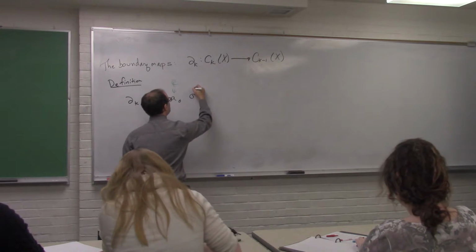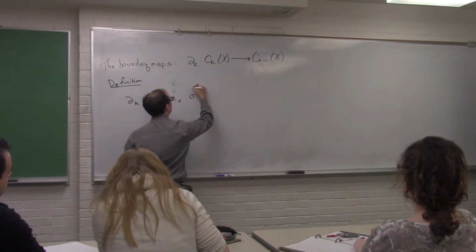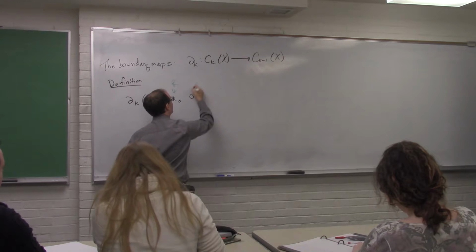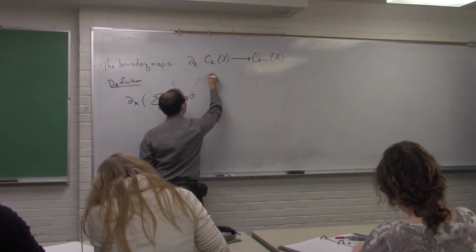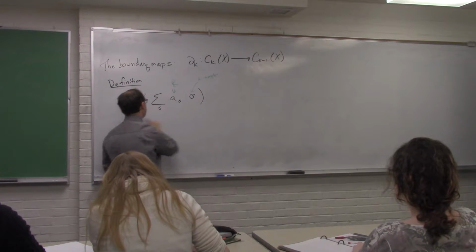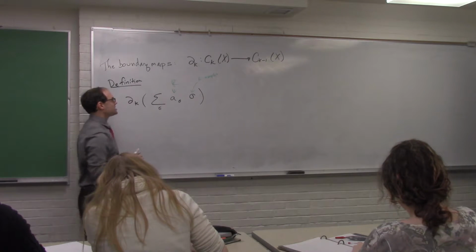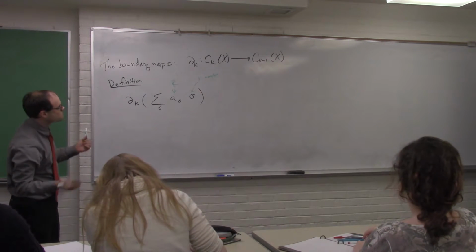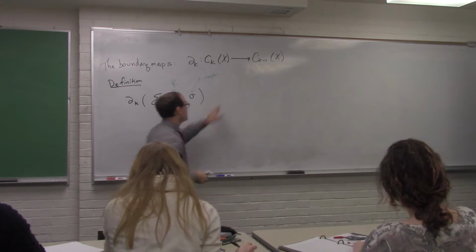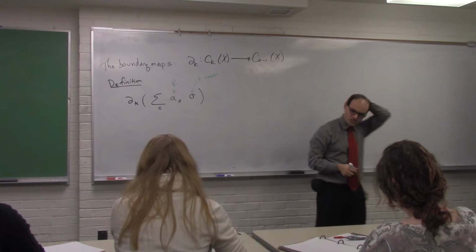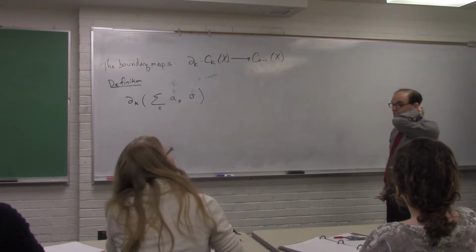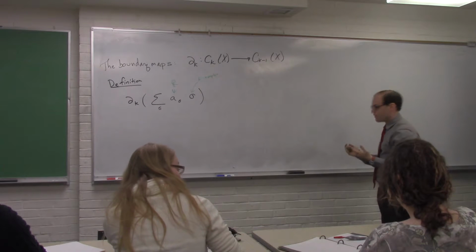And then one of these things, this thing, is a K simplex. So this is what the map is going to do. It's going to take something that looks like that, some kind of formal linear combination of simplices, and spit out something in terms of those simplices. Now, I want this map to be linear, because that's how my chain complex is built.